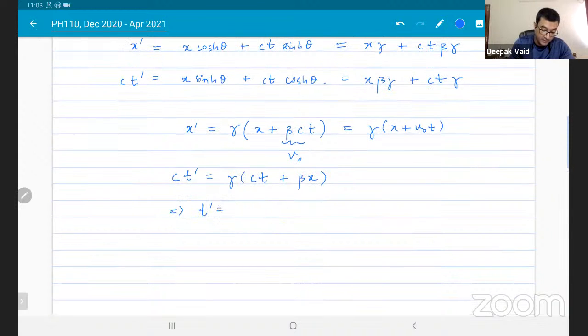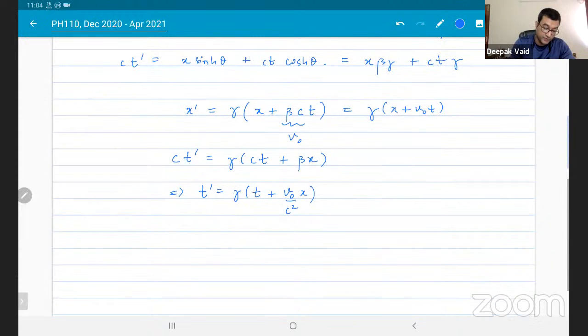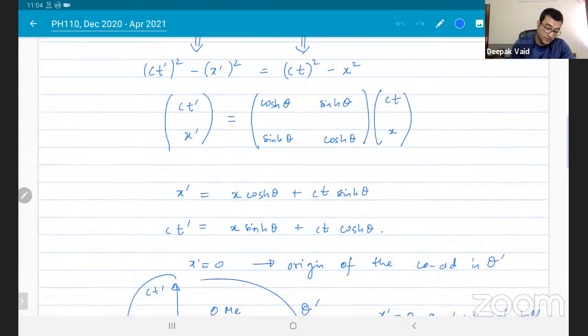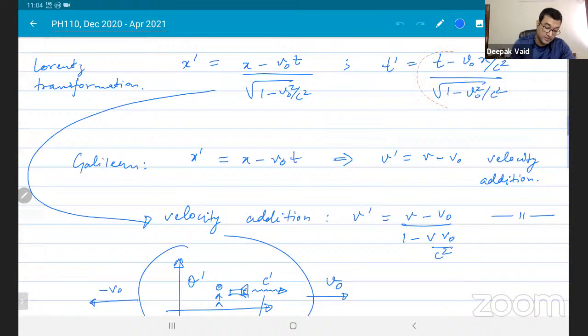So I'll get t prime is equal to gamma times t plus, what is beta divided by c? That is V naught by c square times x. So it's the same expression that I had shown you in the last class, t minus V naught by c square times x, only differing by a minus sign.